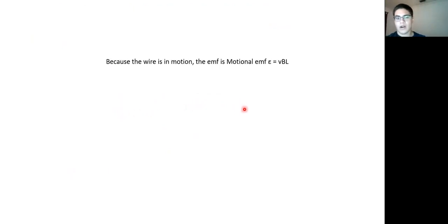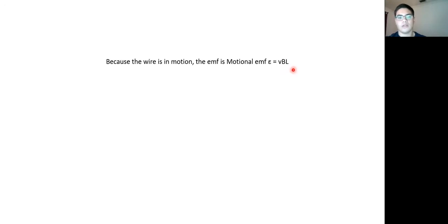Now, because of the wire being in motion, the EMF is a motional EMF. And this is described by the velocity of the wire times the magnetic field that it's in, and the length of the wire.